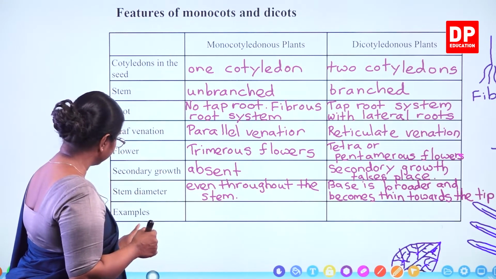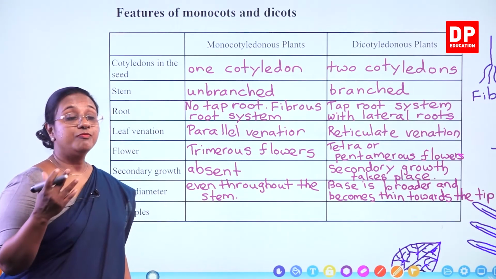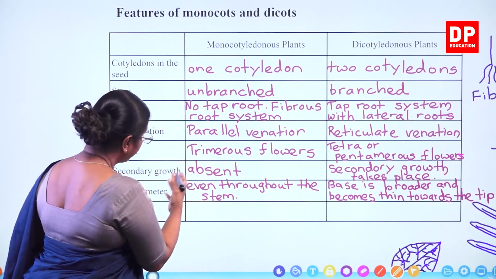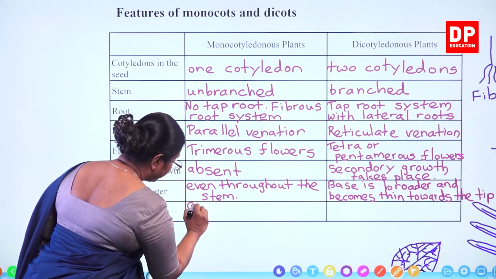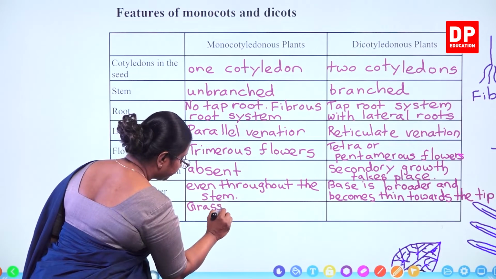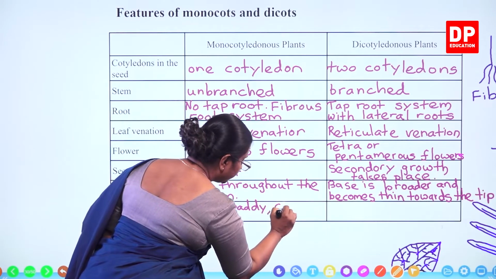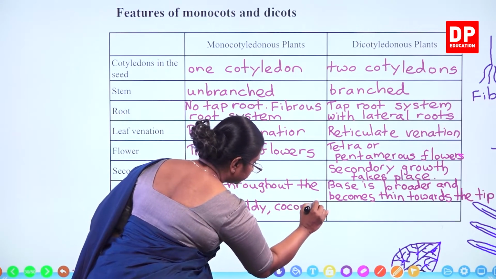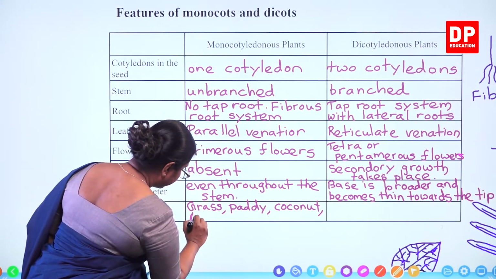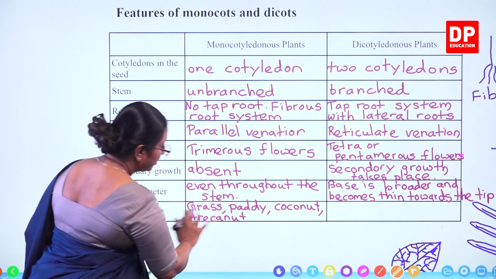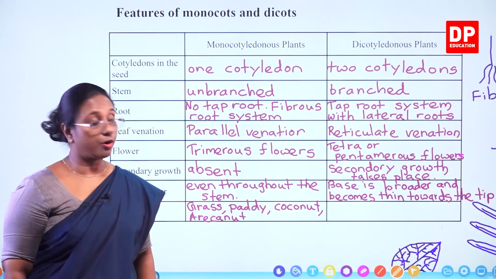Then the last one is the example. You are familiar with all these monocot and dicot plants. For monocot, what we saw before, we can consider grass, paddy, coconut, and we can even take areca nut. All these are examples of monocot plants.